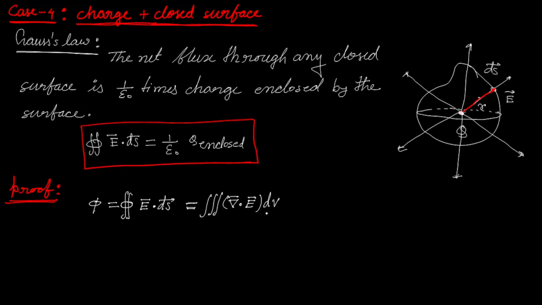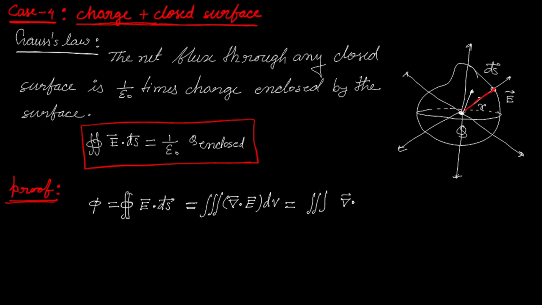But this V is the volume that is enclosed by the surface. So what will be the electric field at any point inside this volume, or inside the surface? If we consider any point at a distance r from this charge, what will be the electric field at this point?